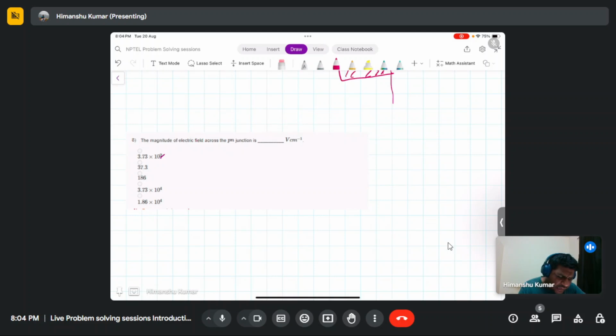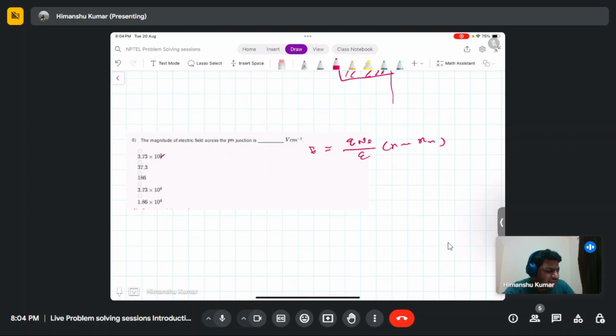Then you can calculate the magnitude of the electric field across the junction. So you can calculate E from the equation we have derived. At the junction, the electric field was q Nd by epsilon times (x minus xn).